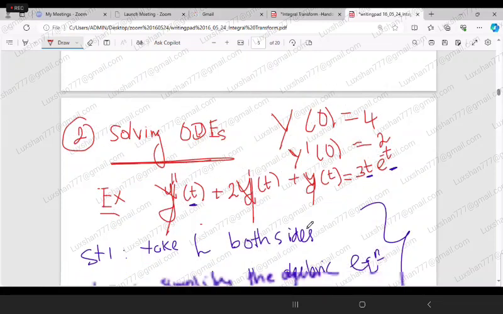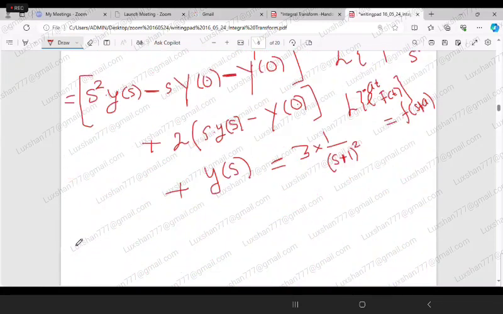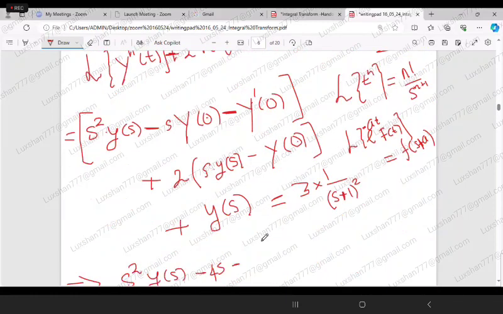Now if you substitute these values here, you will get s squared Y(s) minus s into y(0) equal to 4, so this is 4s, minus y dash 0 equal to 2.